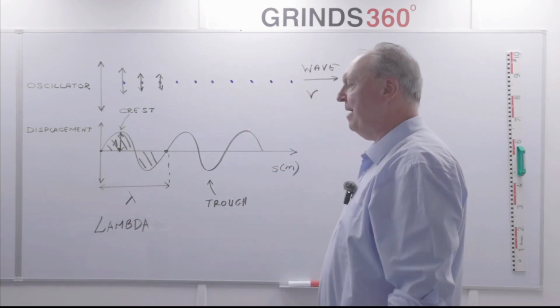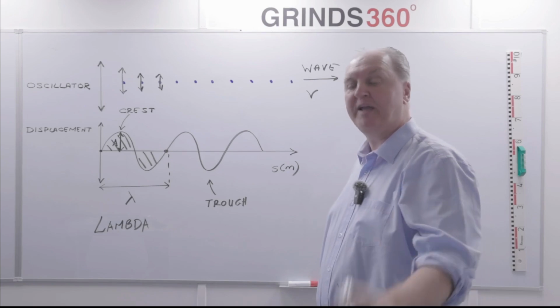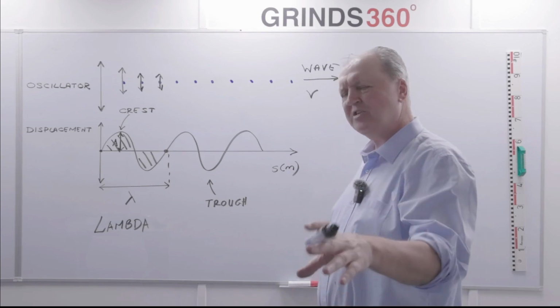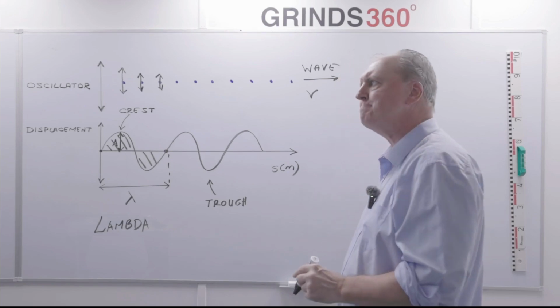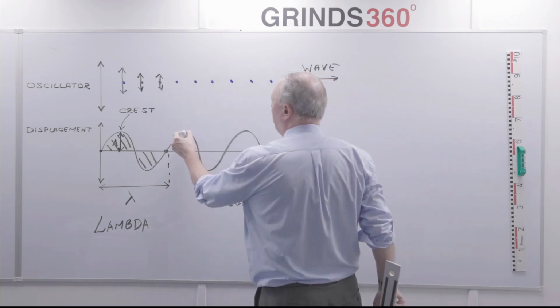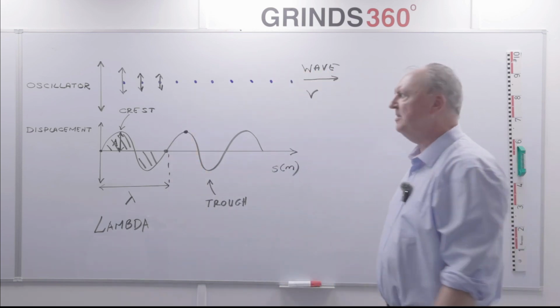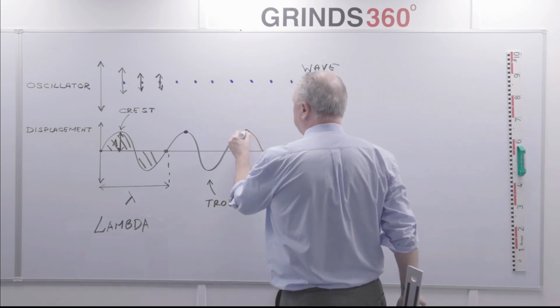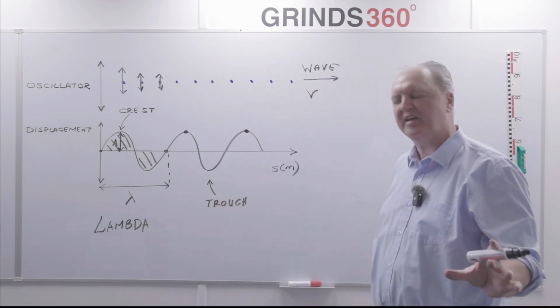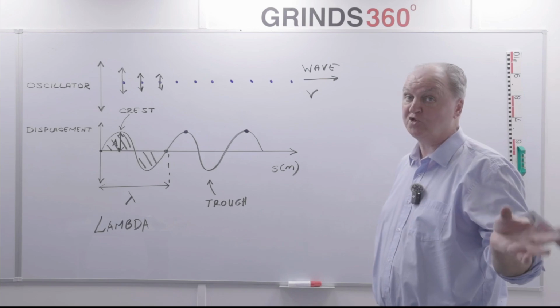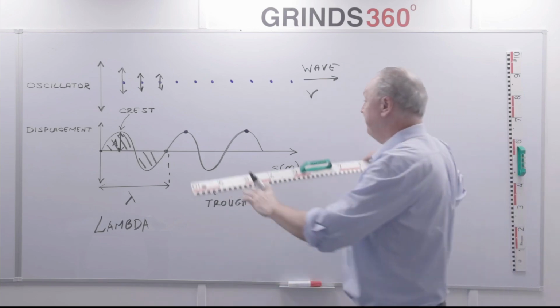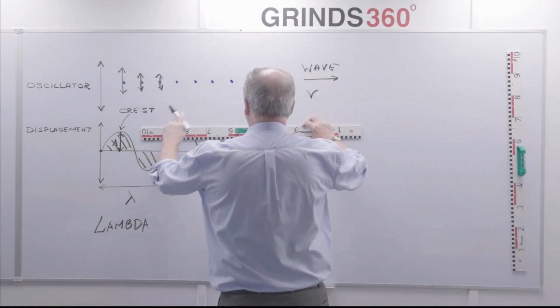So lambda is the distance a full wave travels. But actually, we can say it in a different way. We can say that the wavelength is the distance from one crest to the next crest. We call that successive crests. You can also say from one trough to another trough if you want to as well. That there is also the wavelength.